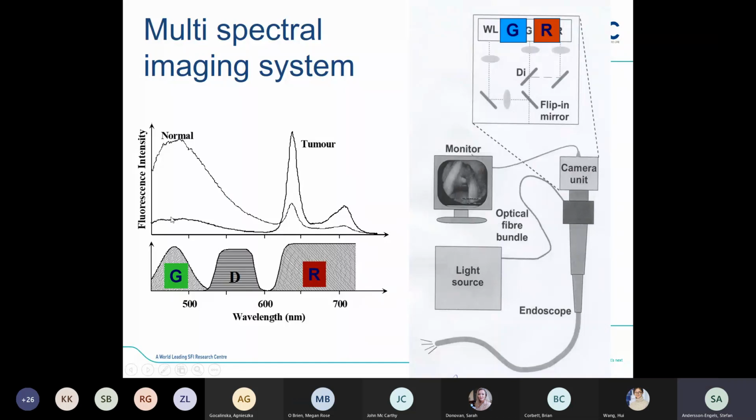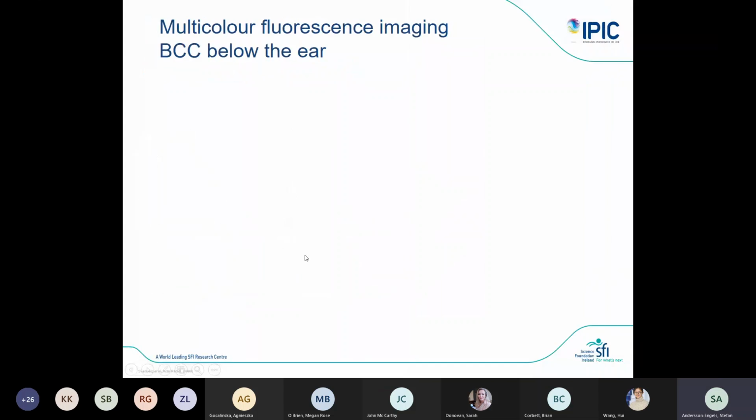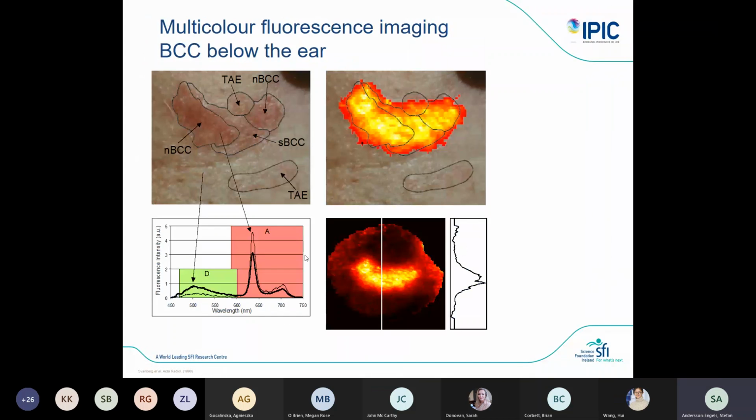So the tumor tissue has low intensity in this green range, G, and high intensity in this red range here, while the normal tissue has the opposite. And that's something that we demonstrated on a skin lesion here. So this is basal cell carcinoma.